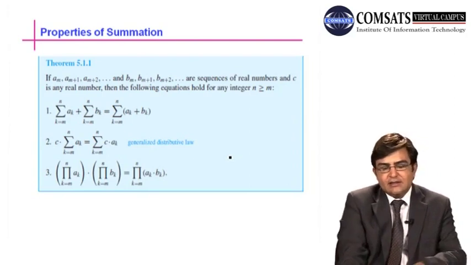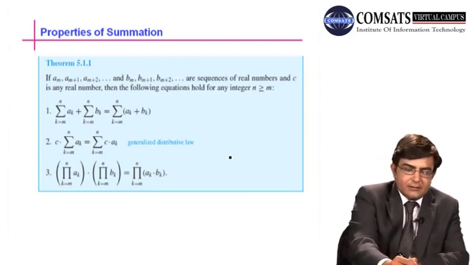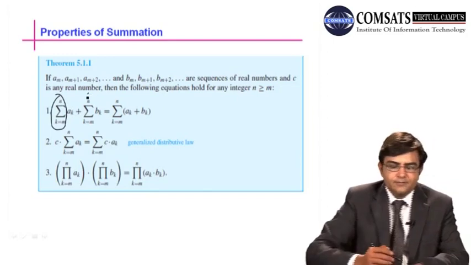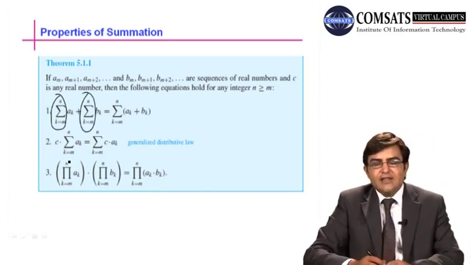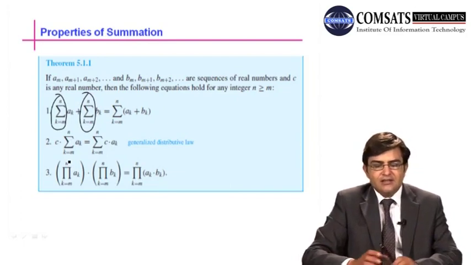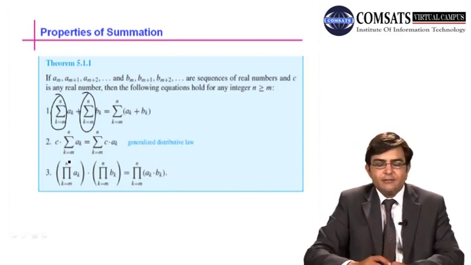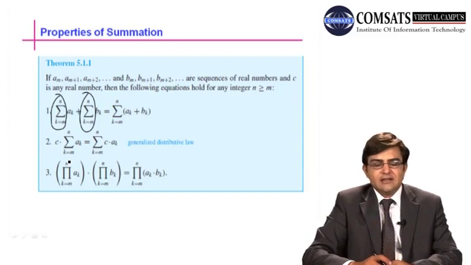One thing that is notable here is that the summation here and the summation here must have the same variation of index. The index could be different, but the variation must be the same.